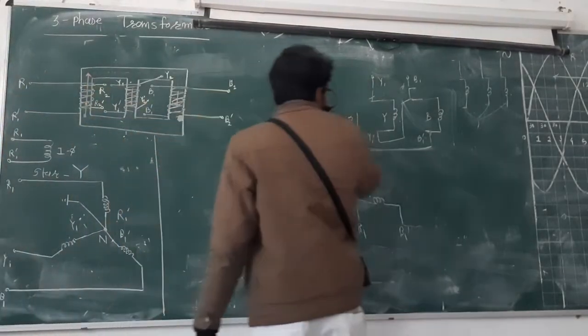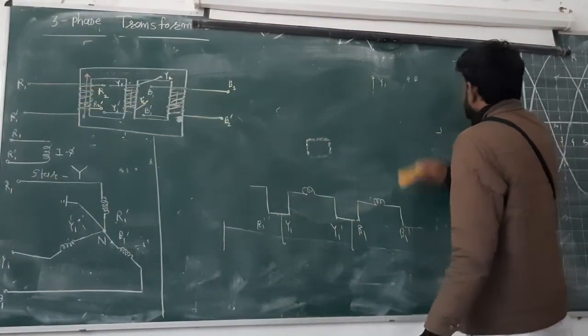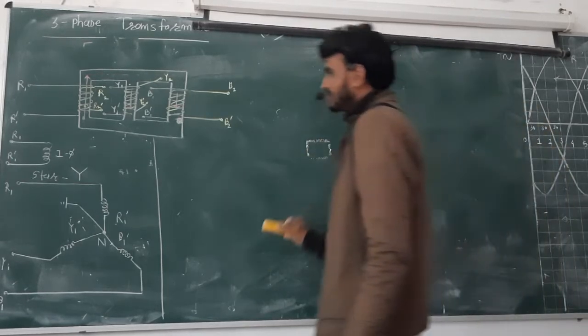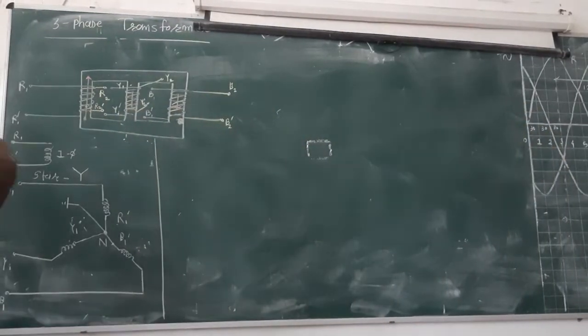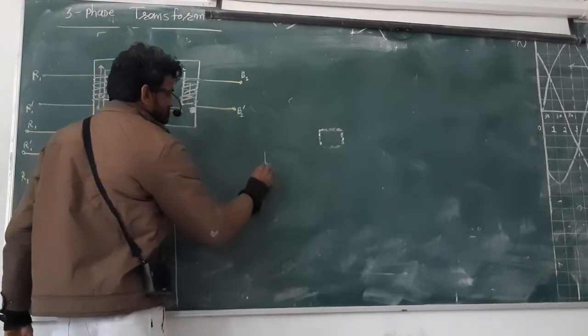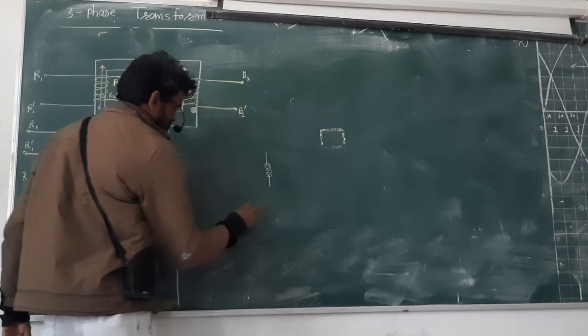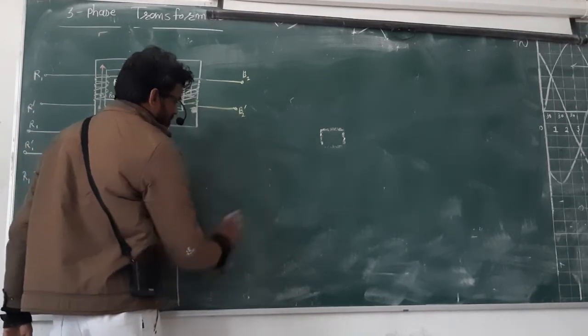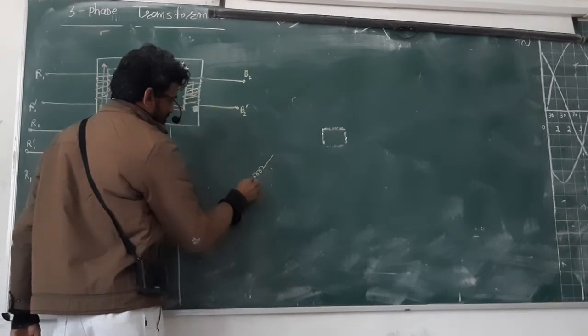Alright. So now I am going to draw the delta connection. So what will happen with the delta? Suppose I have 3 coils. Okay. I am going to connect in this way, 3 coils.